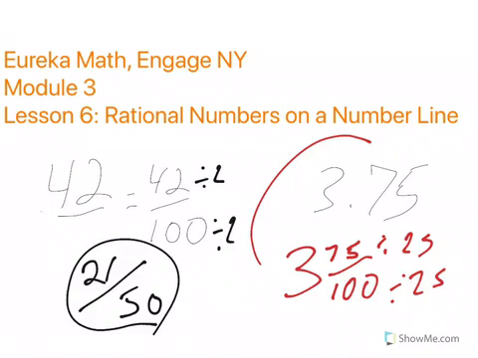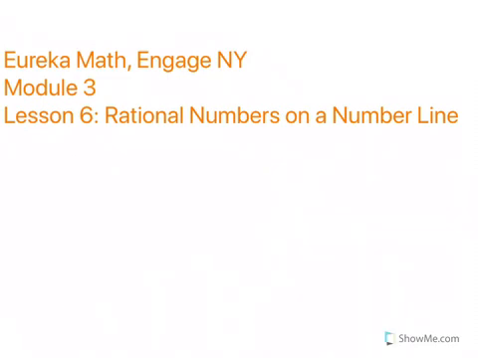So we bring down our 3. 75 divided by 25, there's 3 quarters in 75 cents. And then 100 divided by 25 would be 4 quarters. So we end up with 3 and 3/4. I wanted to do a quick review on that, just to show you we're going to be using those skills. So let's get started with rational numbers on the number line.